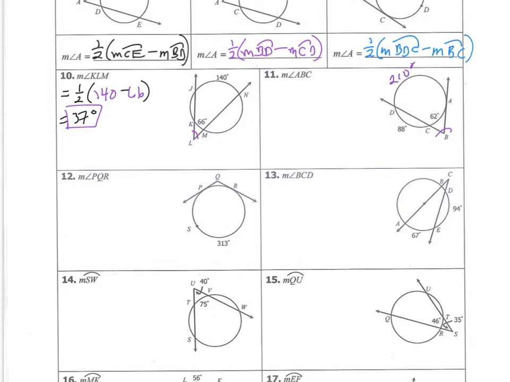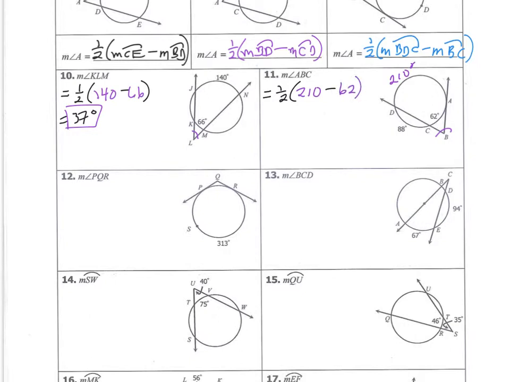Then, to find the measure of the angle, now we're going to take half of the sum or difference of the intercepted arcs. We're outside the circle. Difference. Outside, we subtract. So I'm going to take the bigger, 210, and subtract the smaller, which is 62.